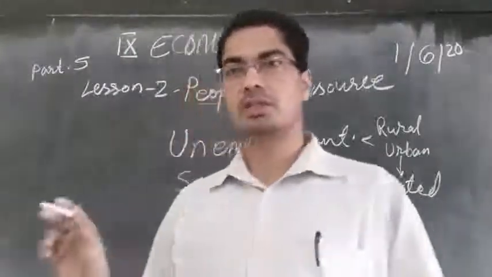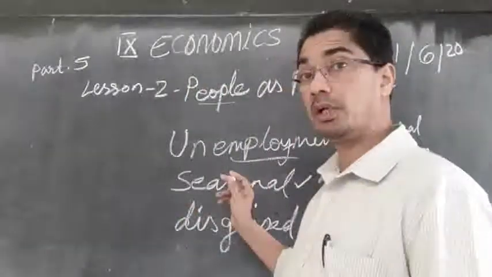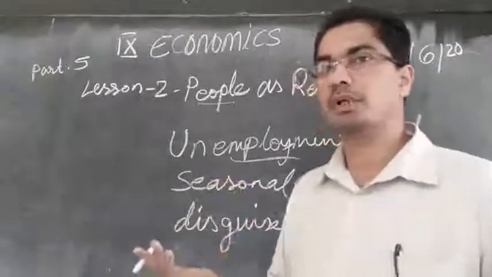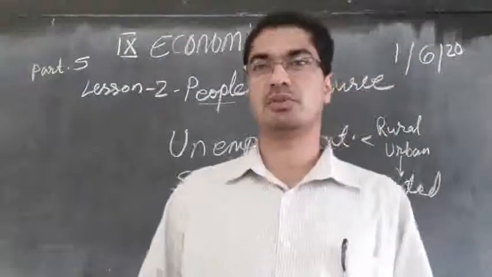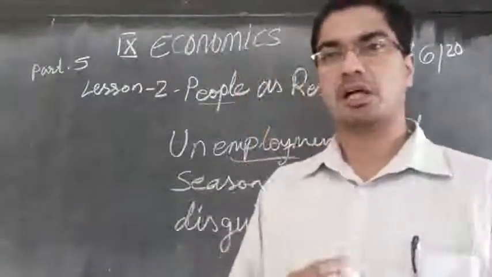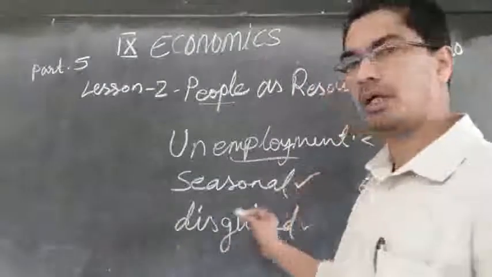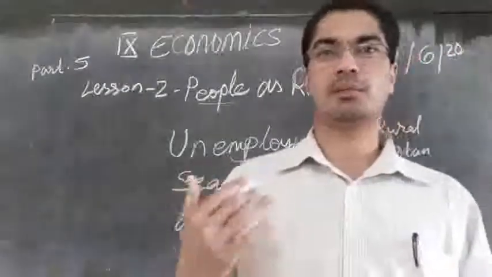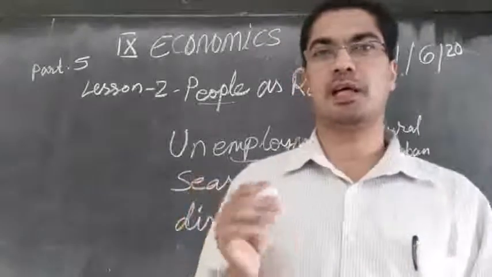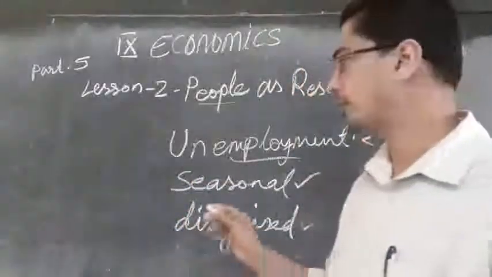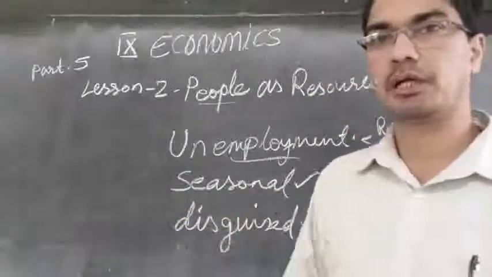That is called seasonal unemployment. They are willing to do work, but there is no work available. So that is called seasonal unemployment. I hope you understood. So it is mainly happening the place where people are cultivating, people who are involved in agriculture work. They are the one facing this problem of seasonal unemployment.